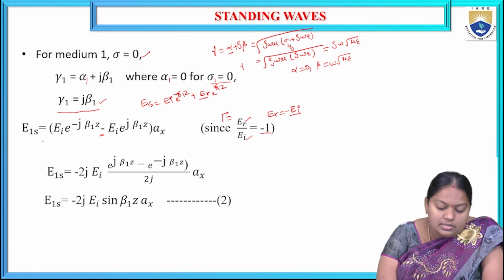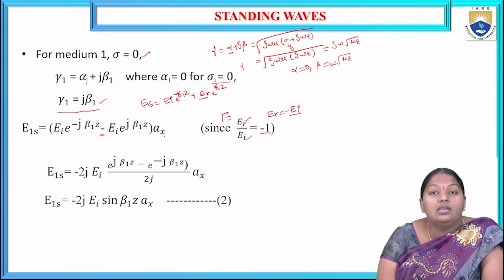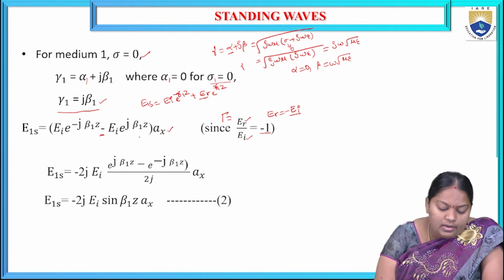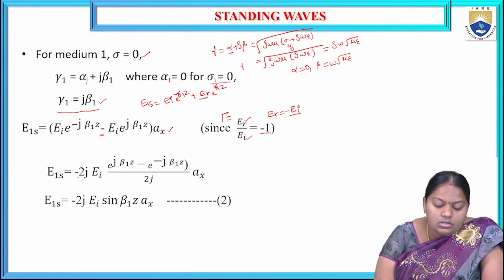Hence E1s is equal to EI e^(-jβ1z) minus EI e^(jβ1z), into the vector direction ax. Now if you take EI as common, then E1s is equal to EI (e^(-jβ1z) minus e^(jβ1z)) ax.